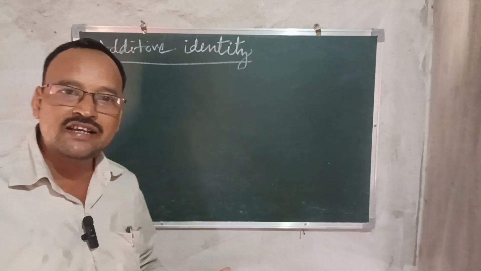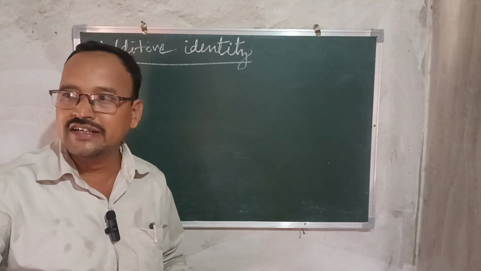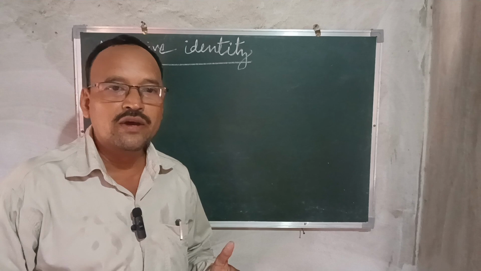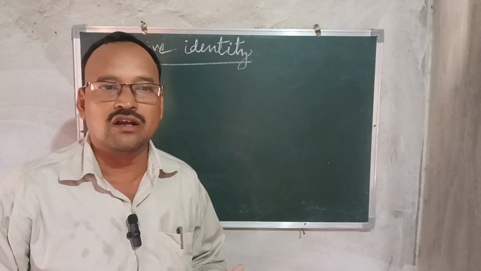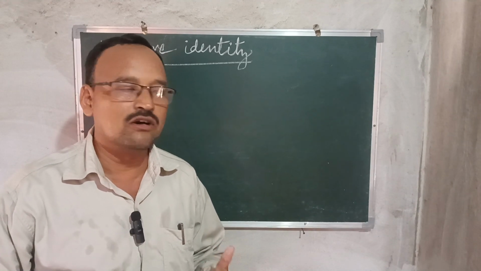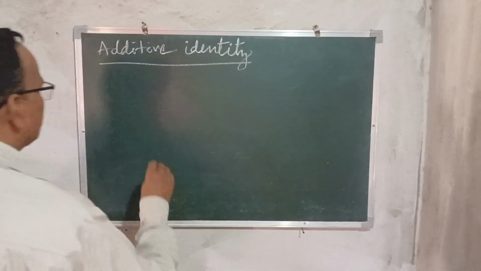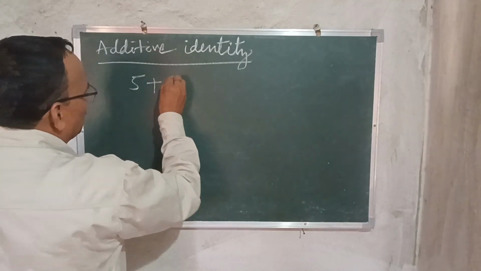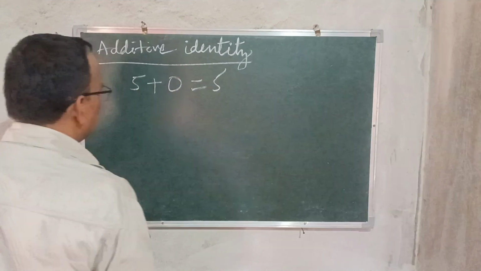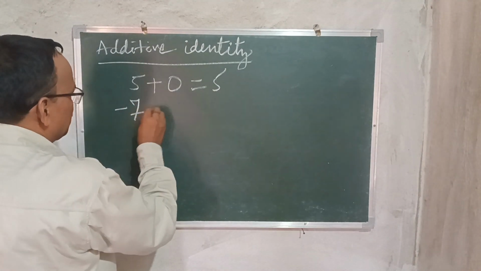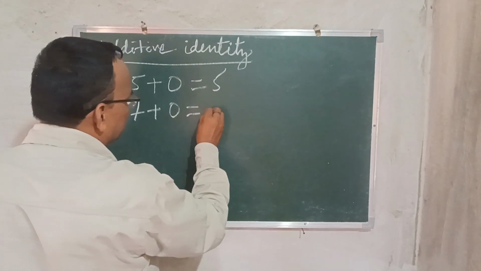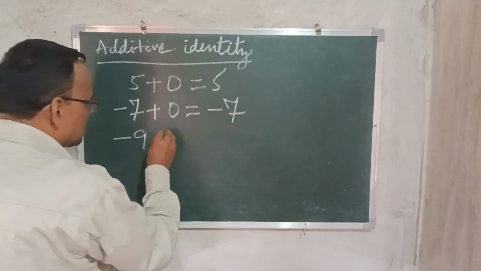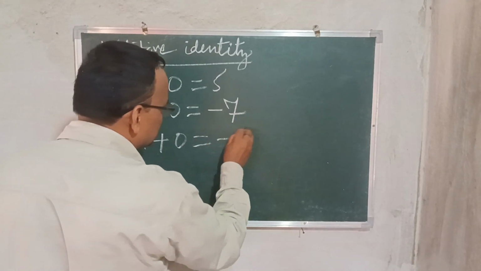So what is the additive identity? The additive identity is the number such that when any number is added to it, the result remains the same. For example, 5 plus 0 is equal to 5, minus 7 plus 0 is equal to minus 7, minus 9 plus 0 is equal to minus 9.